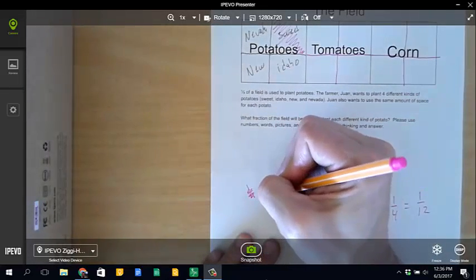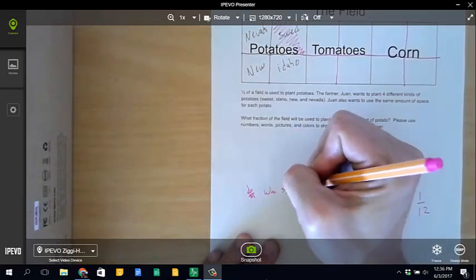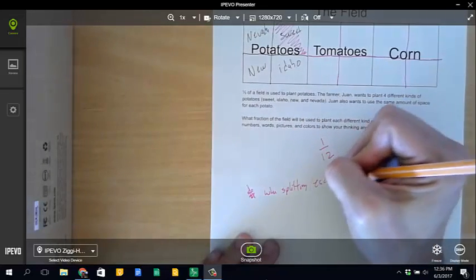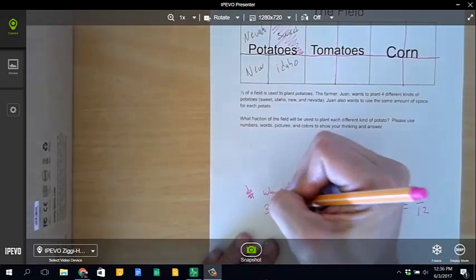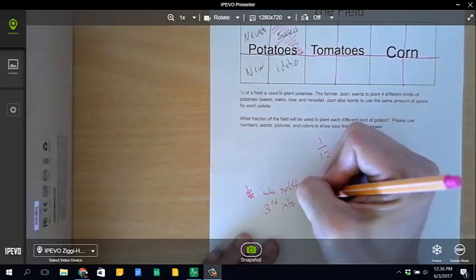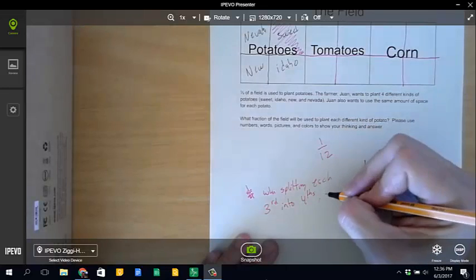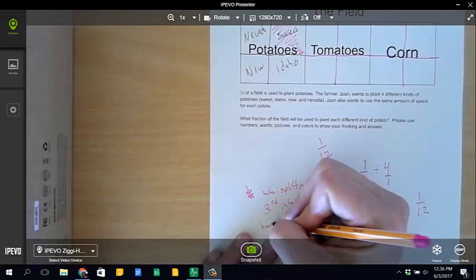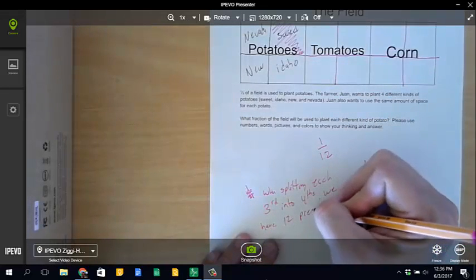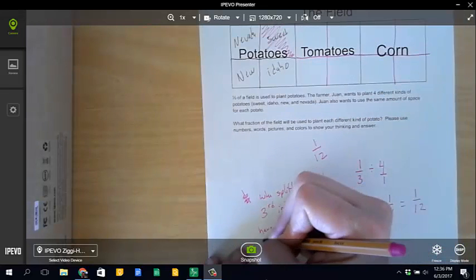Let's say when splitting each third into 4ths, we have 12 pieces of land.